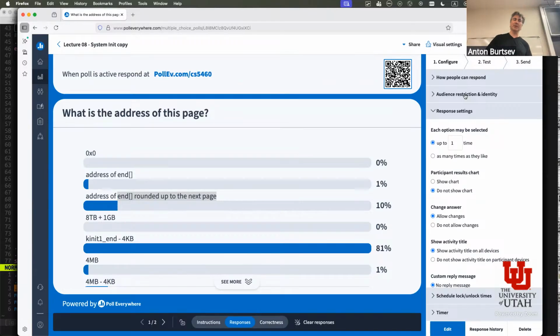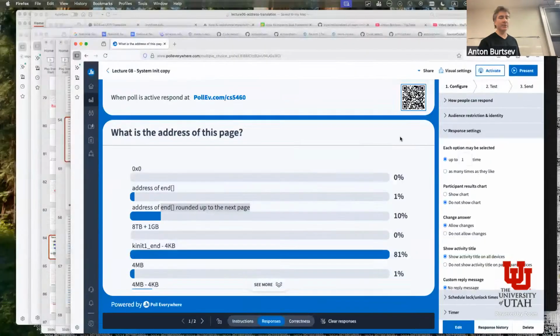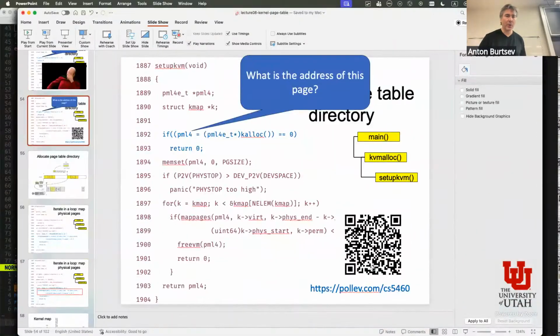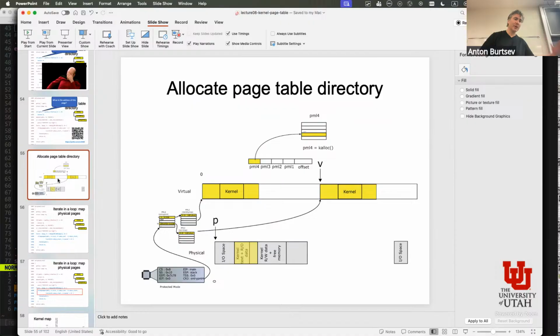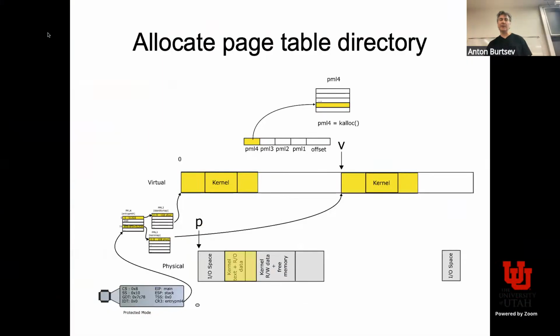So this knowledge is useful, but mostly I'm asking to make sure we all understand this basic setup: how virtual memory is mapped to physical, which entries are present, which are not, and what we're building. Okay, cool. Back to the source code.